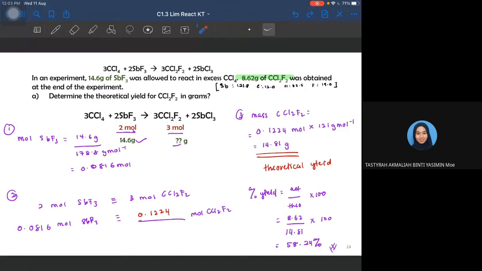Okay. Ada apa-apa soalan lagi? Miss, kalau buat yang macam number of mole begitu, mau tulis rumus dia dulu kah baru kasih masuk maklumat? Lebih baik tulislah. Kalau apa-apa rumus, molarity, lebih baik kamu tulis rumus baru masukkan formula. Okay?